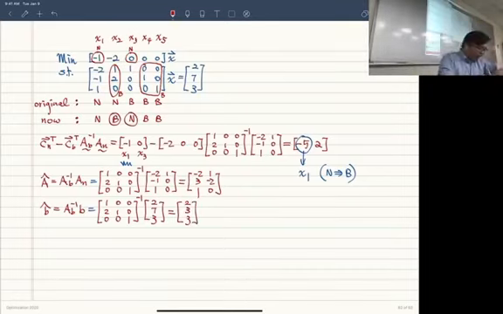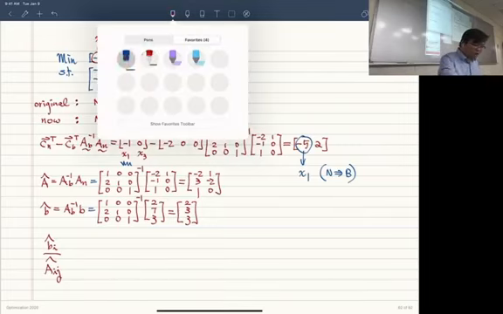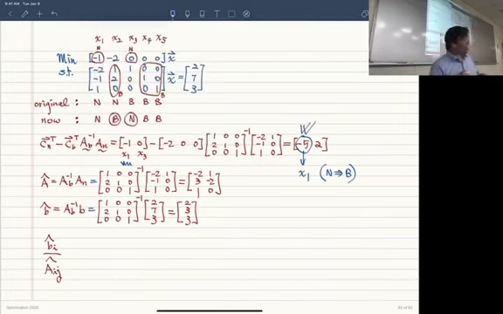Based on my ratio test, I need to do Bi over Aij. And what is my j? J right now is basically my first column because I know my X1 should be chosen.